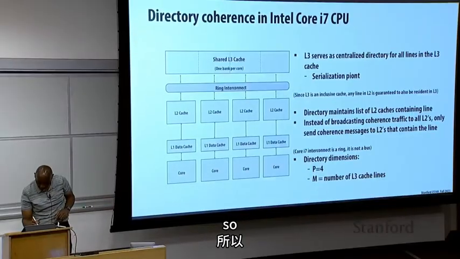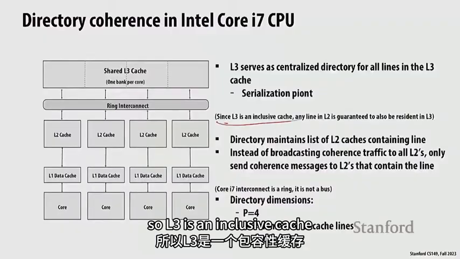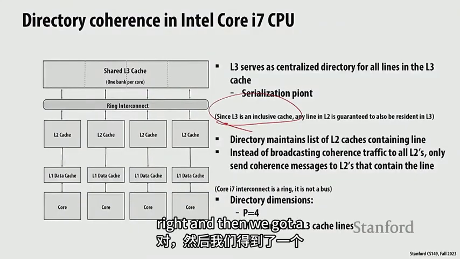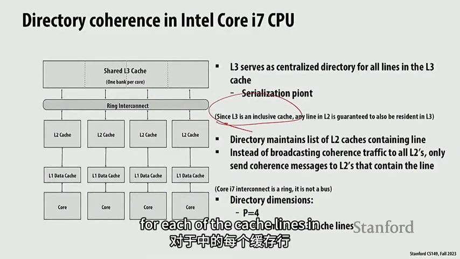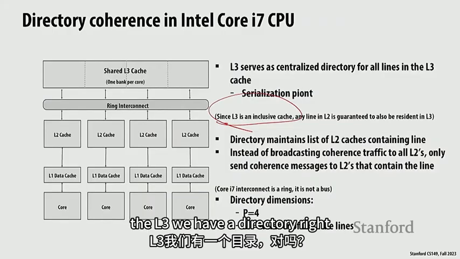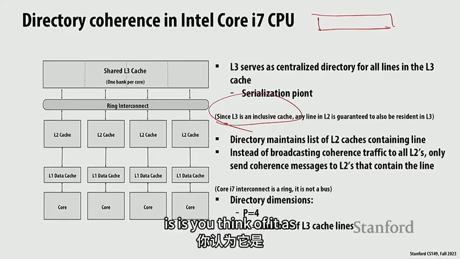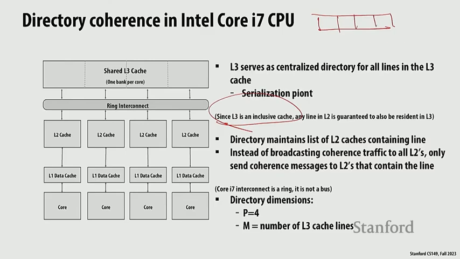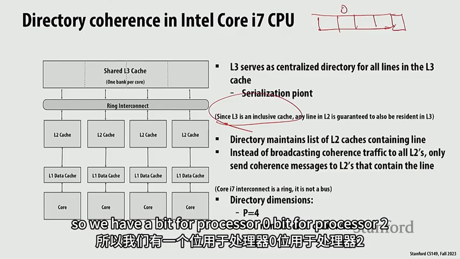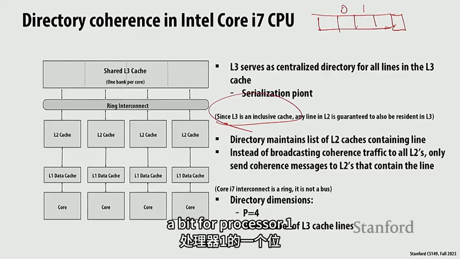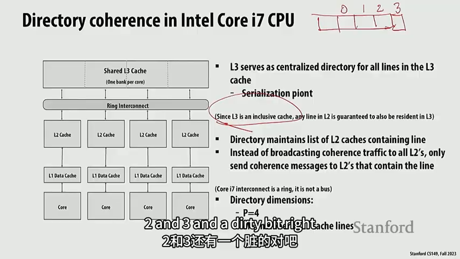Okay, so L3 is an inclusive cache. And then for each of the cache lines in the L3, we have a directory. And the directory in this case you can think of as 5 bits: a bit for processor 0, processor 1, 2, and 3, and a dirty bit.